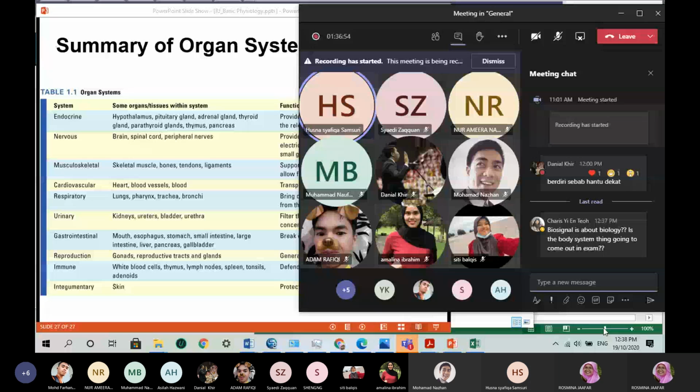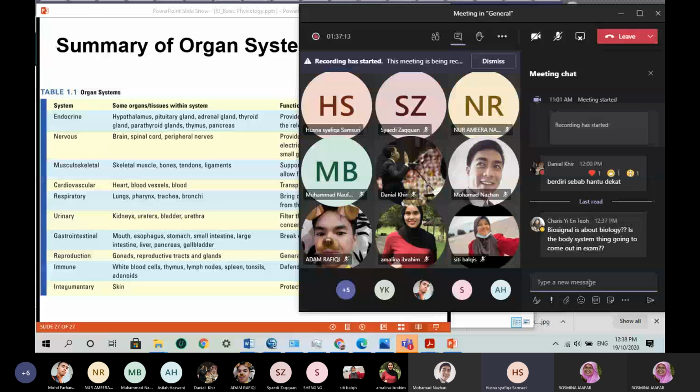Physiology is function. Learning about the function of something. The term physiology is learning the functioning. Anatomy is learning on the structure itself. So in this first lecture, we are not going deep into the human system. We learn about the human system and the focus is more on the physiology itself.